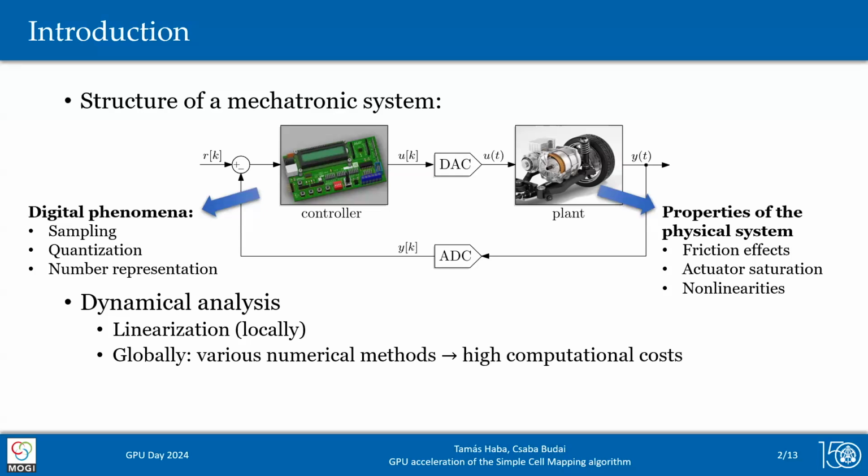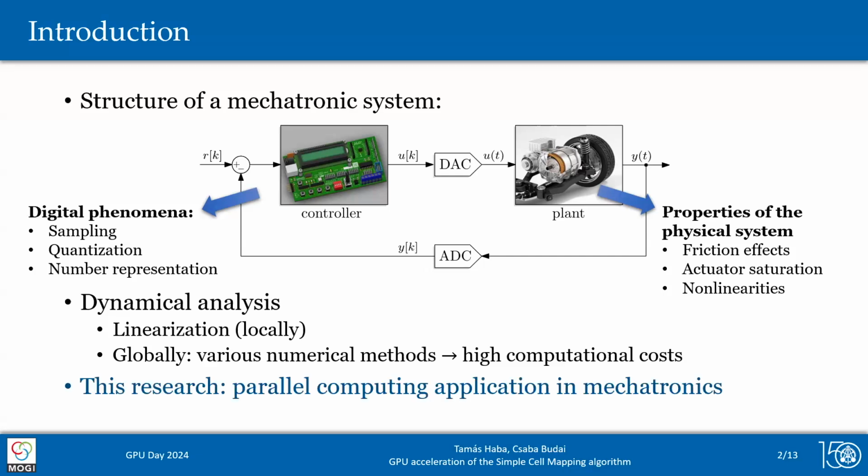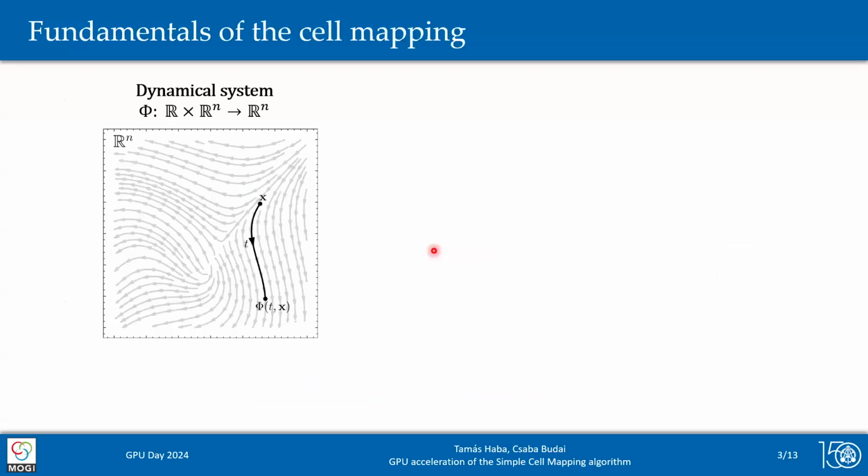For global dynamical analysis, we have some numerical methods to use, but they can have high computational costs, and this is why this research aimed to utilize parallel computing to solve this problem.